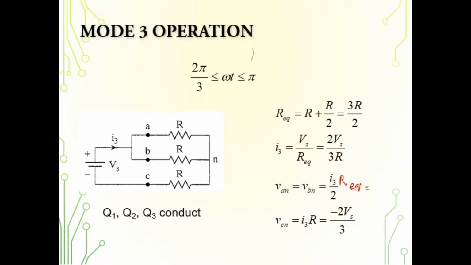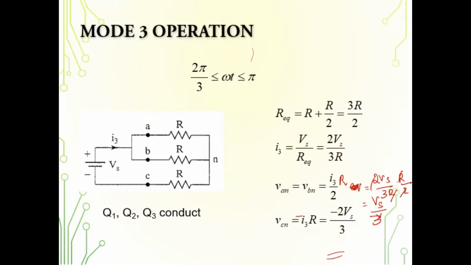I3 is 2 Vs by 3R, into R by 2, which becomes Vs by 3. VAN and VBN are both equal to Vs by 3, and VCN is minus I3 into R, which is minus 2 Vs by 3.